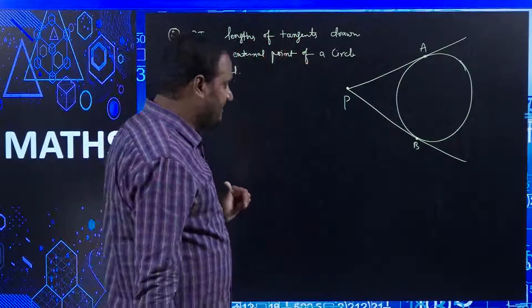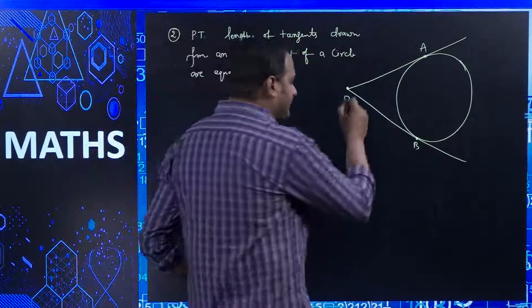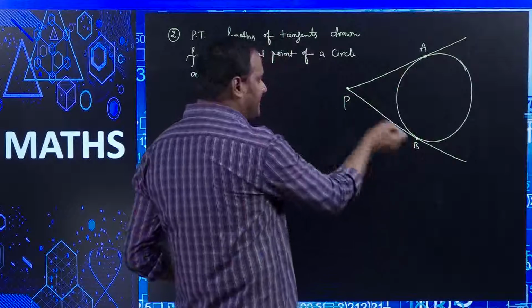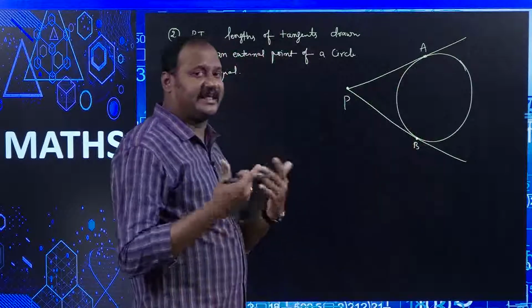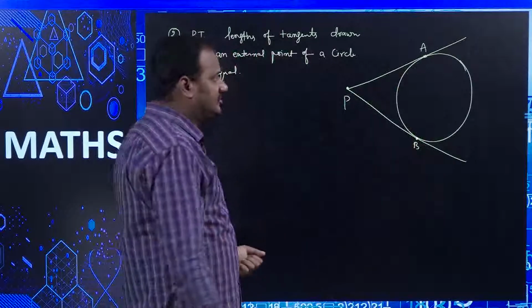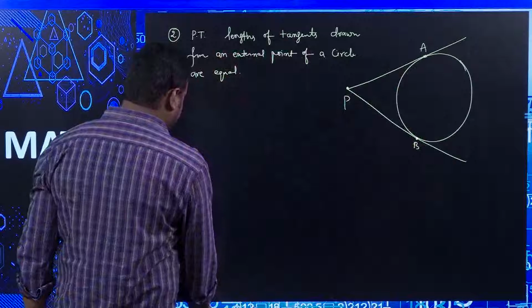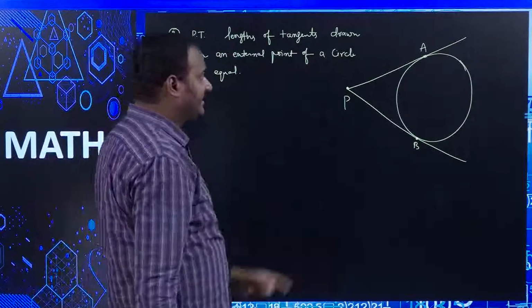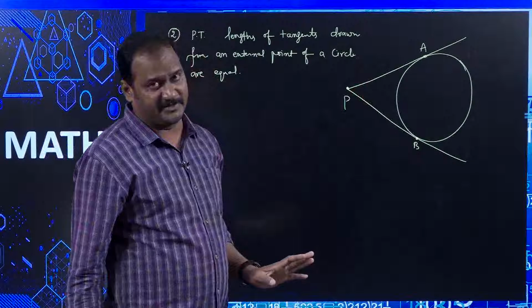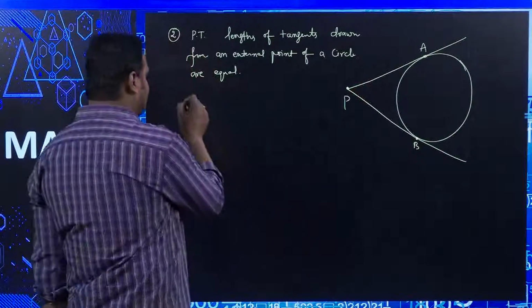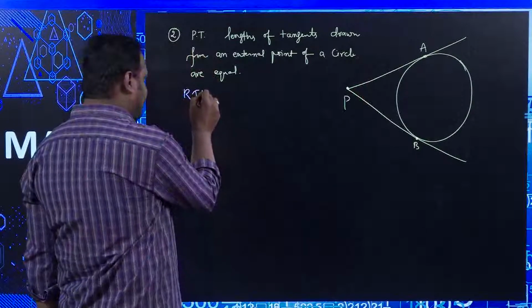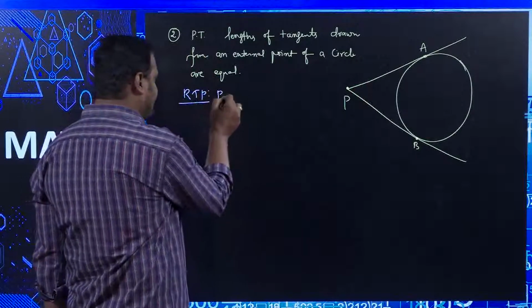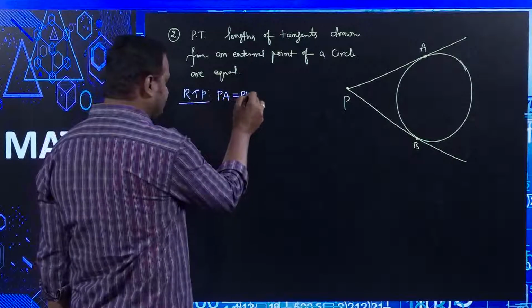Lengths of tangents from point P: PA is one tangent and PB is one more tangent. We need to prove PA is equal to PB. That is the RTP: PA is equal to PB.